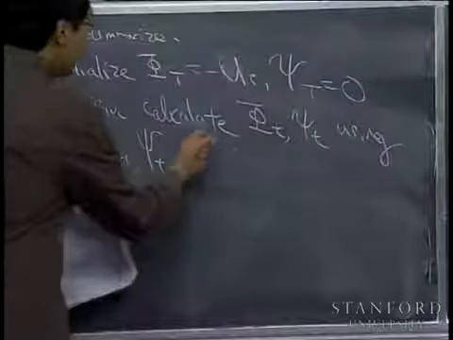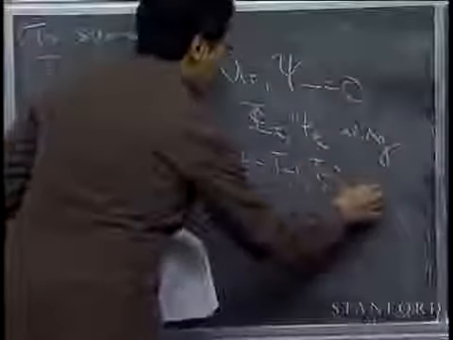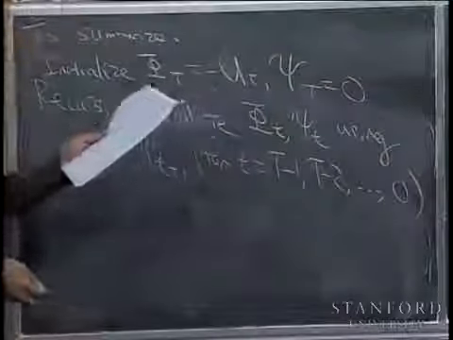And so you do this for t equals capital T minus 1, capital T minus 2, and so on down to time 0.